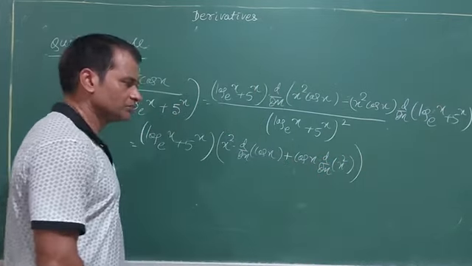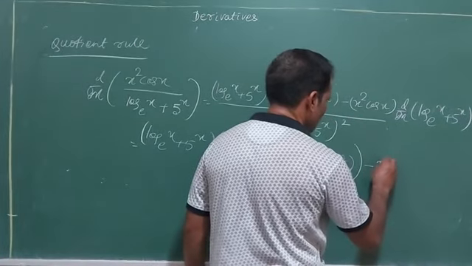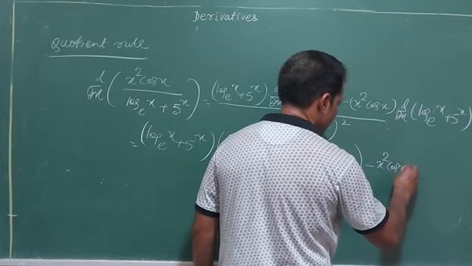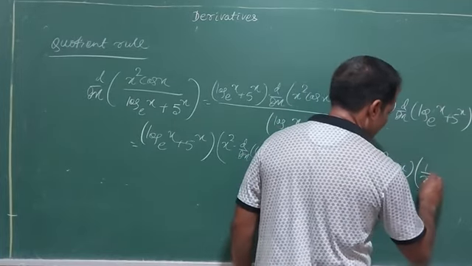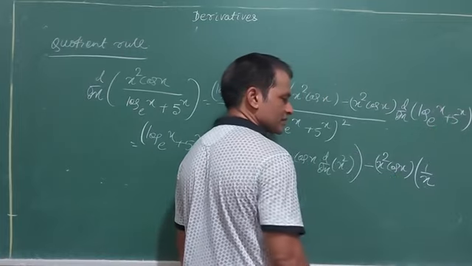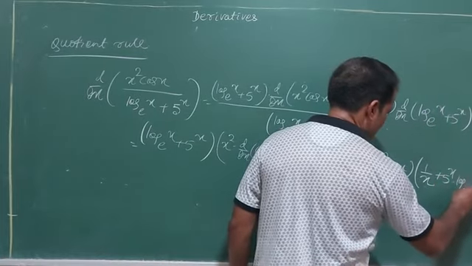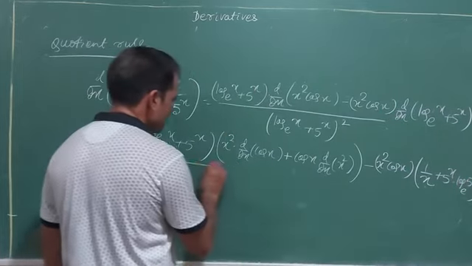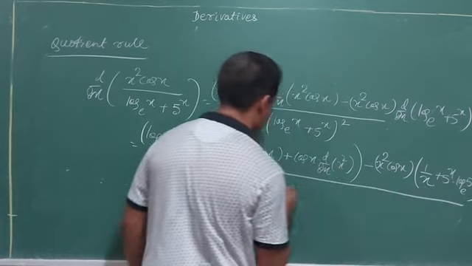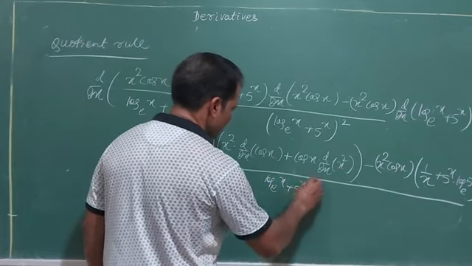This is the product rule. Then x square cos x, then the derivative of log x we know is 1 by x, and for a to the power x the formula gives a to the power x into log e a, so 5 to the power x into log e 5, divided by log x plus 5 to the power x whole square.